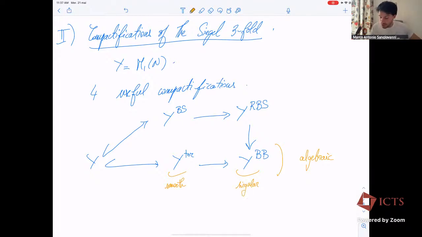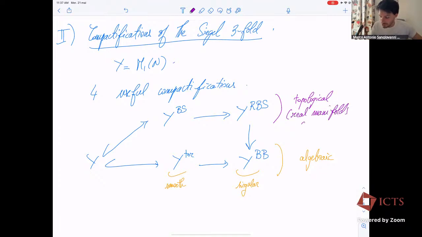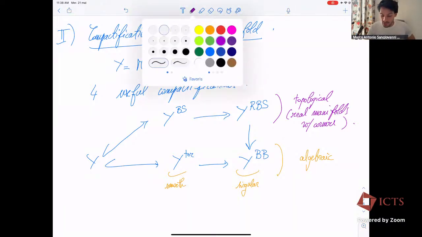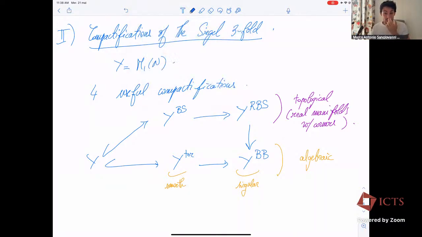Okay, and these ones, so maybe let me use another color, these ones are just topological, meaning real manifolds with corners, so even singular. Okay, so now let me try to explain what the role of each of these compactifications is.